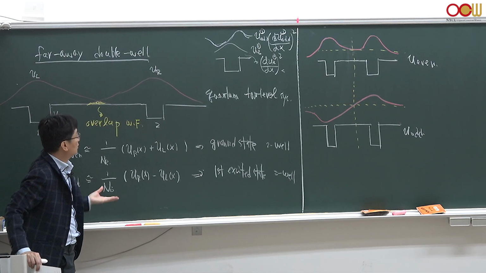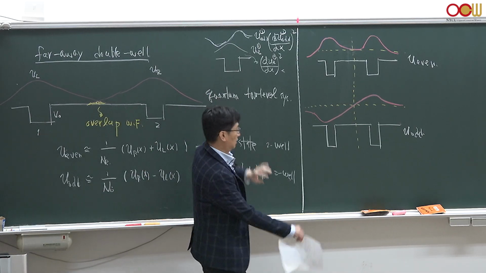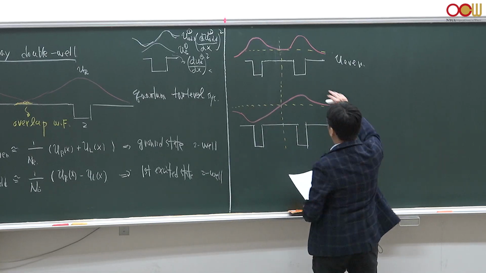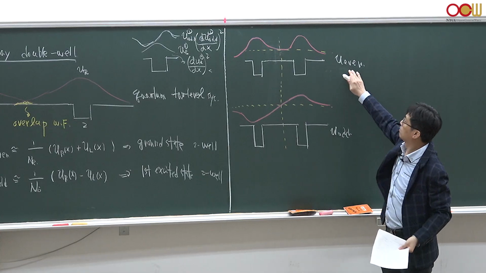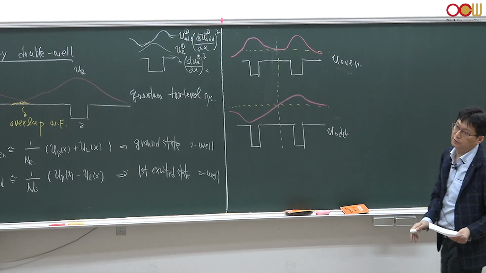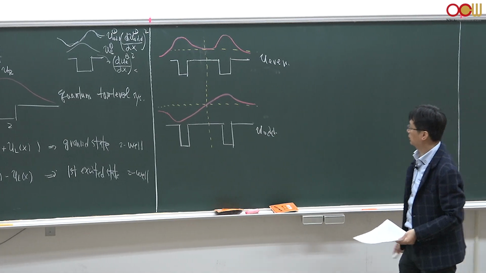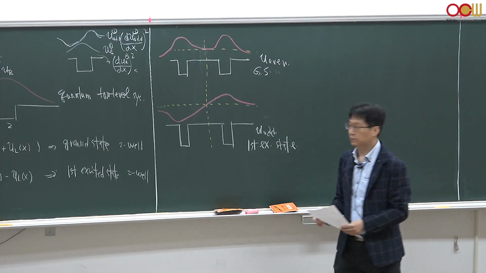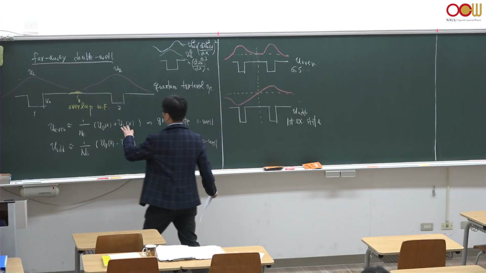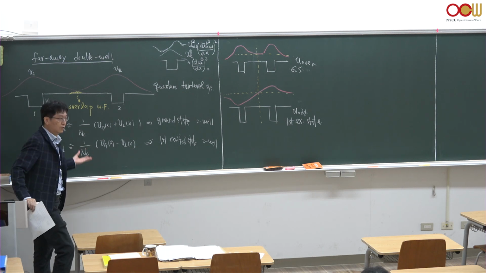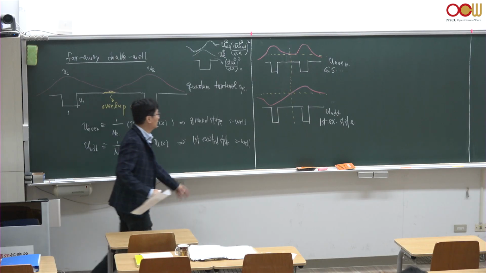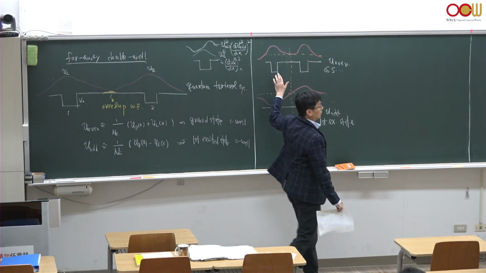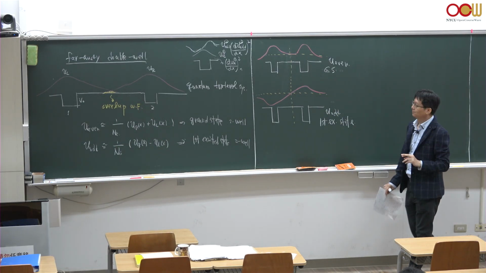So in a situation very similar to the single well problem, this double well also shows even parity symmetry as the ground state and odd parity symmetry as the first excited state. This is the simplest way that we can construct approximately the ground state and the first excited state of the double well problem without actually solving it.